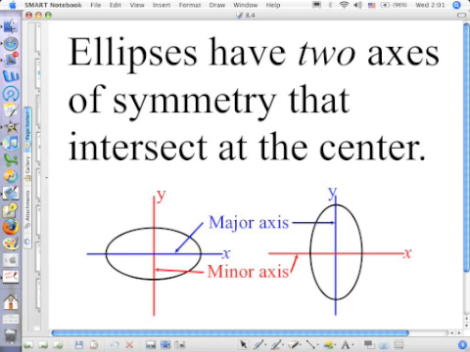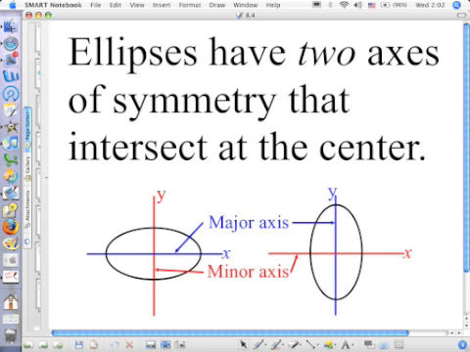Never mind. When we talked about parabolas, we had an axis of symmetry. In an ellipse, it has 2 axes of symmetry.